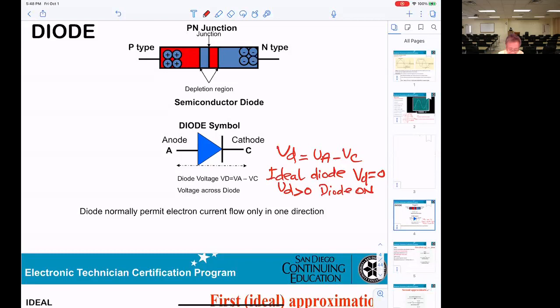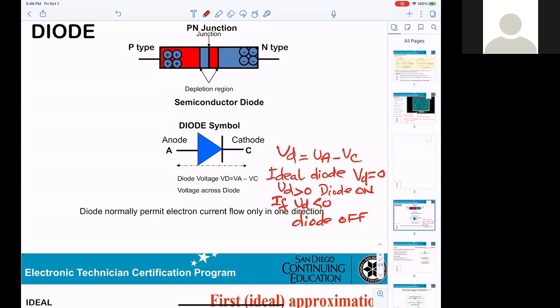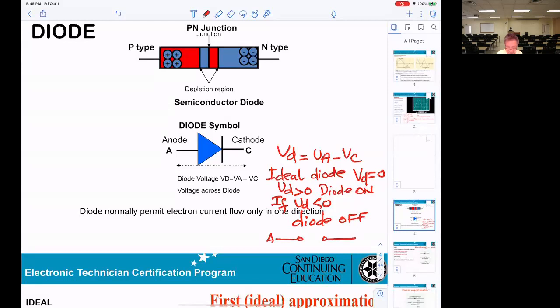And if VD is less than 0, the diode will be off. Off means reverse bias, or non-conducting. No current flow. Right, an open circuit. No current can be flowing. Okay.